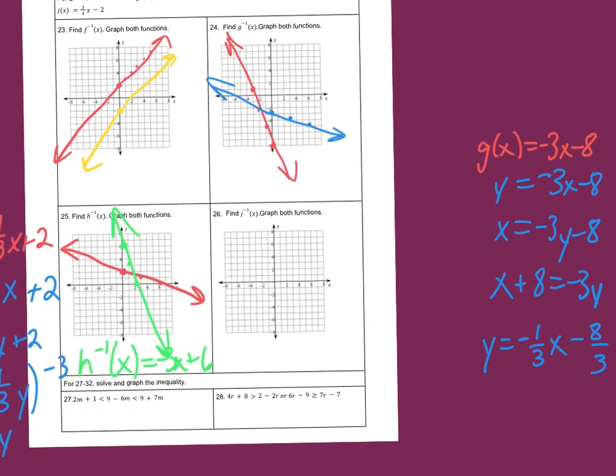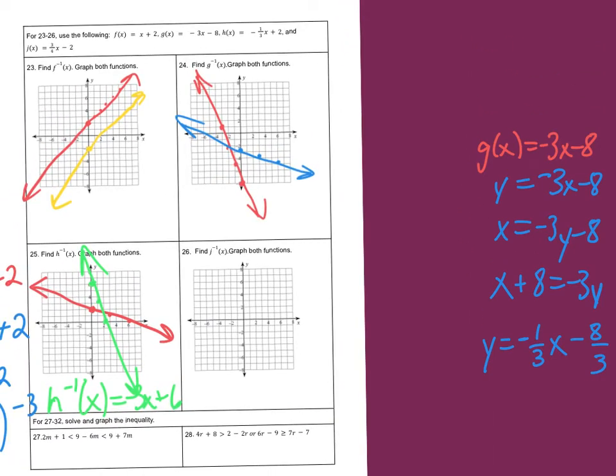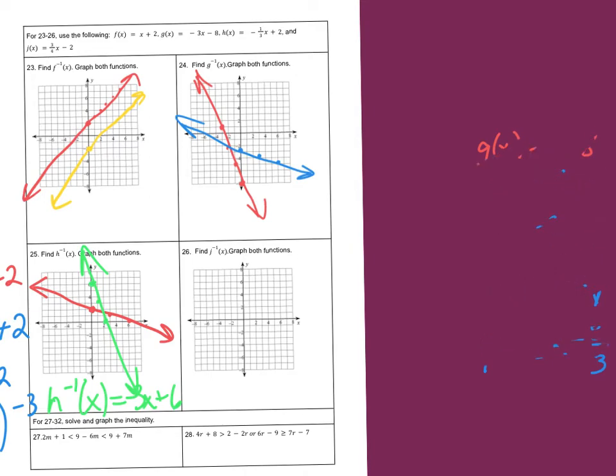And then we've got j inverse of x, last one here that we're going to do. Okay, so j of x was 3/4 x minus 2. So graph that, up 3/4. Change it to a y.